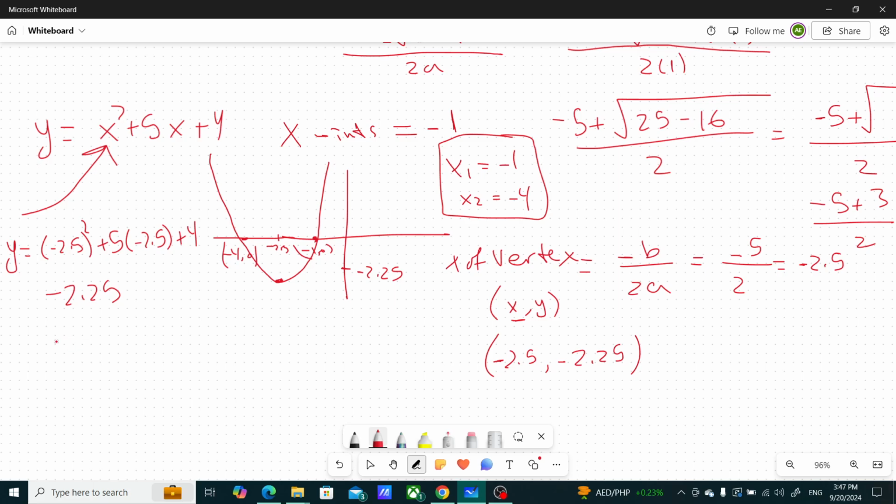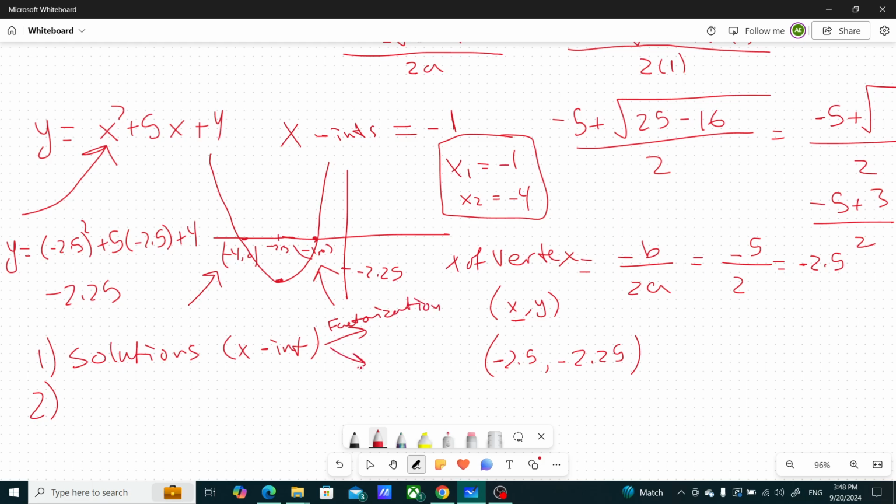So to wrap up, in order to find the most important things about the quadratic function, we need two things: the solutions, which are the x-intercepts, just like we found them here. X was negative 4 and x was negative 1. These are found by factorization or quadratic formula. And the second thing is my vertex, which is found by this equation.